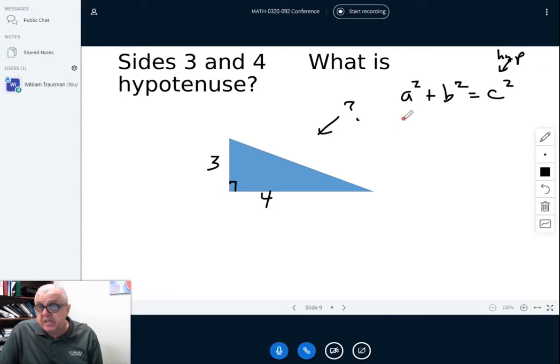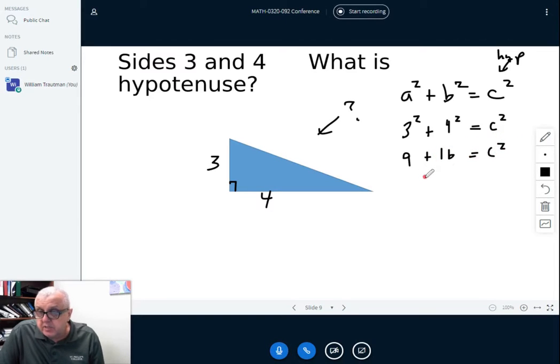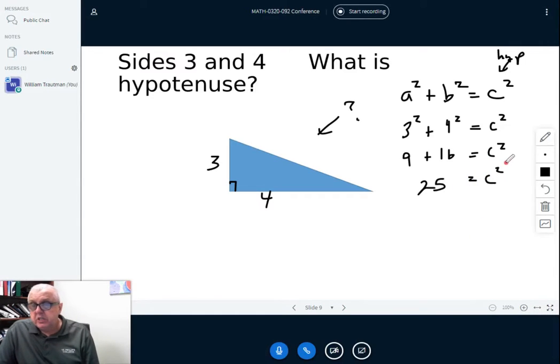So if a is a side, that means it's 3 squared. If b is a side, the other side, it's 4 squared. And we want to find out side c. Well, 3 squared is 9, and 4 squared is 4 times 4 is 16. 9 plus 16 is 25. So what does c equal?